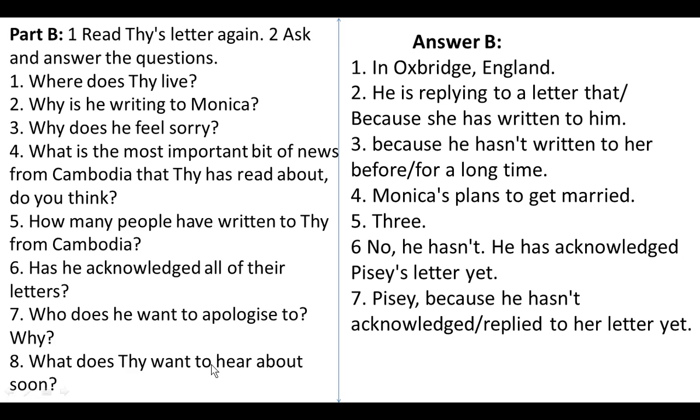What does he want to hear about soon? Monica's wedding in Phnom Penh. Then she's going to get married in England again, and Mouty can join her wedding there with all Monica's relatives in England.